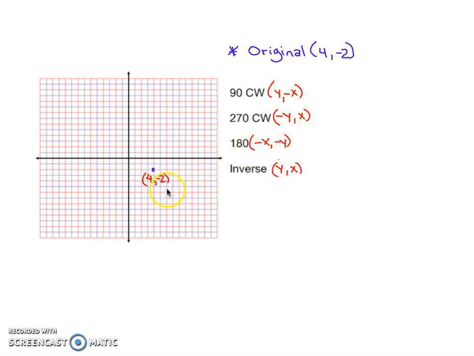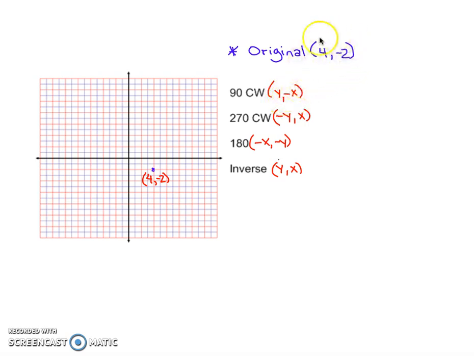So here's an example. The original point right here is (4, -2). If I wanted to take this coordinate and rotate it 90 degrees clockwise, I need to rearrange this coordinate in the format of (y, -x). Right now my coordinate is (4, -2). I'm going to arrange my coordinates so that my y value is first.